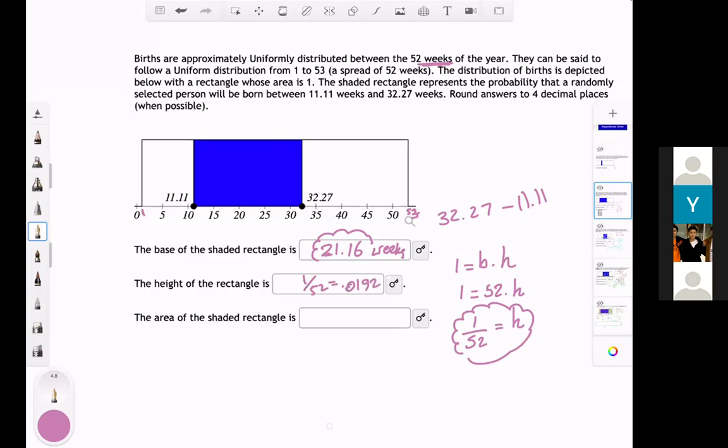That's the answer. What did you get here? 0.4069? Yes, that's what I got. Because we are not dealing with the exact value at the beginning, we got a decimal for part A. So you will make it a decimal.